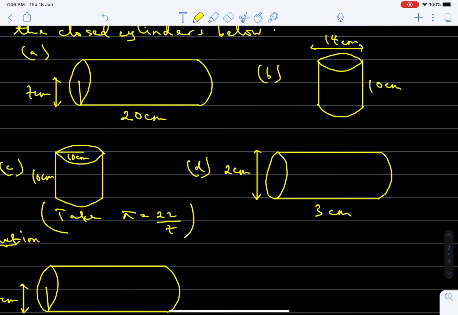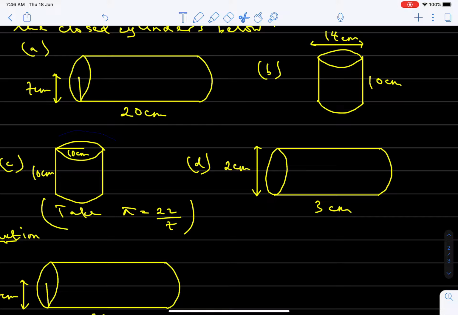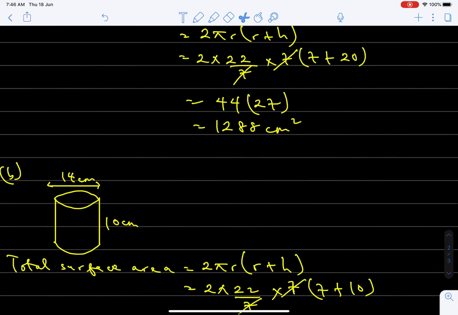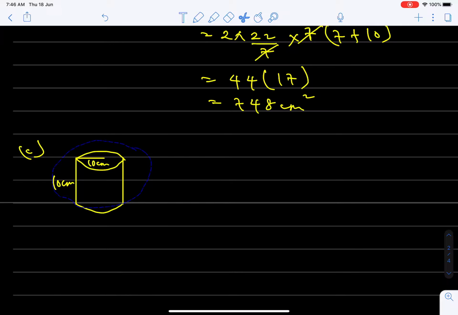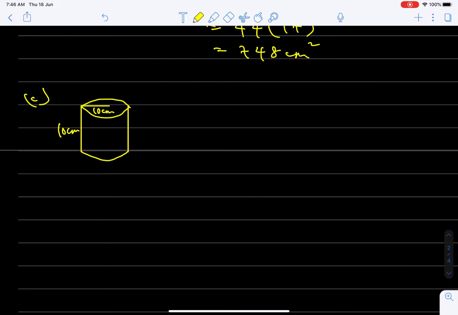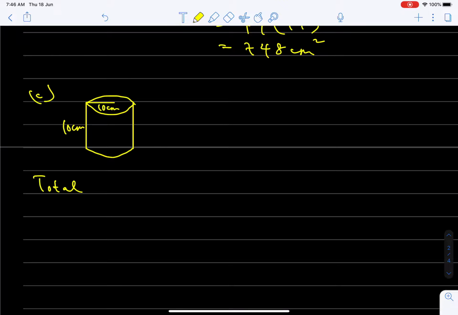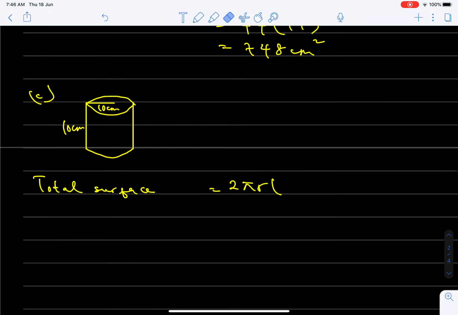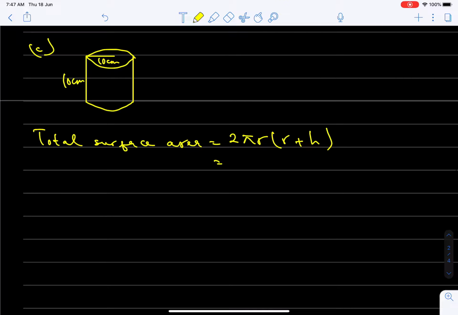Let's bring that down. That's question C. Total surface area equals 2 pi r into r plus h, which is 2 times 22 over 7 times r, in this case 10, into bracket 10 plus 10.